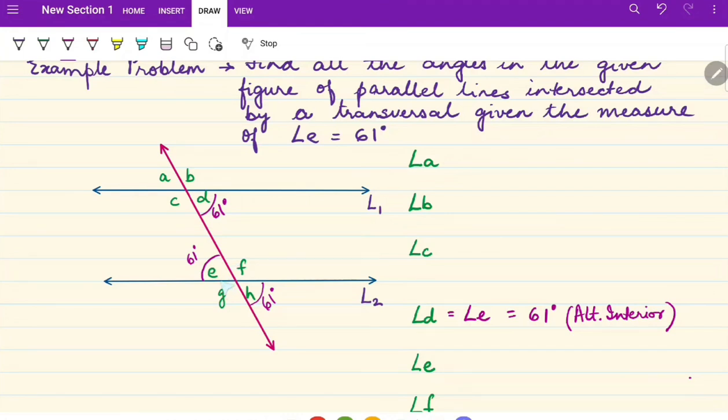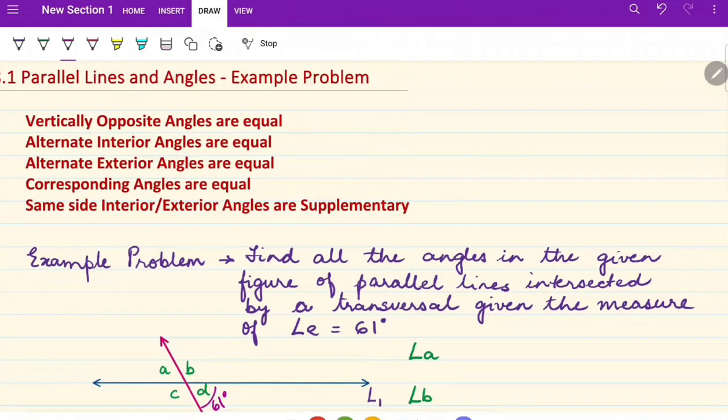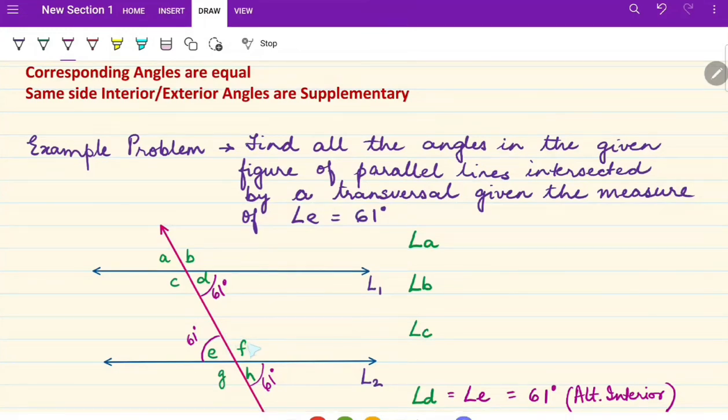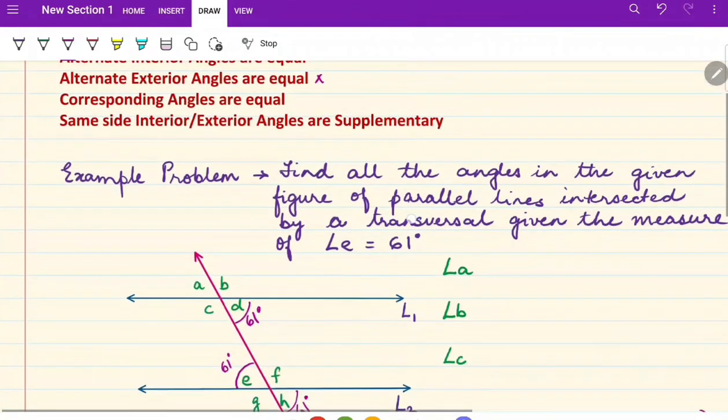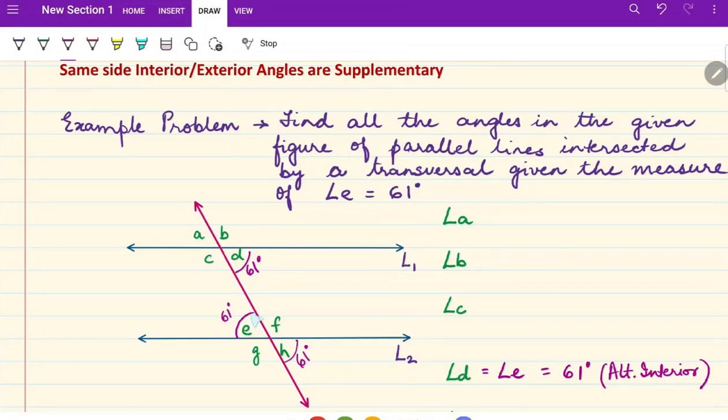Any other angles that could be equal to 61 degrees? Let's find out what we have on the list here. Alternate exterior angles. Well, angle E is not an exterior angle, so we can cross that out for the time being. I'm at present working everything with reference to angle E. Next one says corresponding angles are equal. So which is the corresponding angle to angle E?